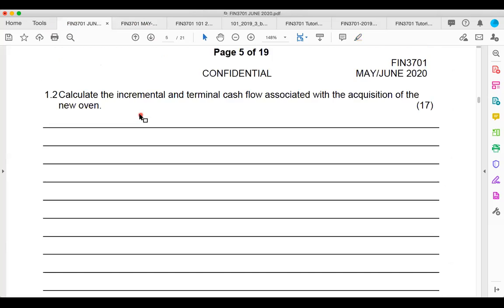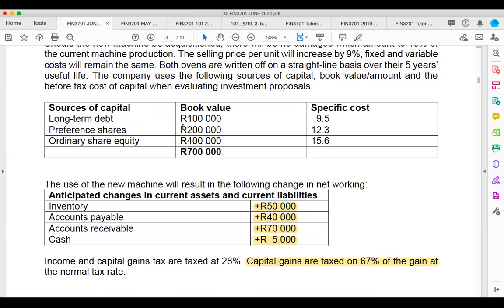So in this particular case, we are supposed to calculate the weight of debt, the weight of preference shares, and the weight of ordinary shares, okay? For the weight of debt, we take the book value of debt. We were told to use book value.